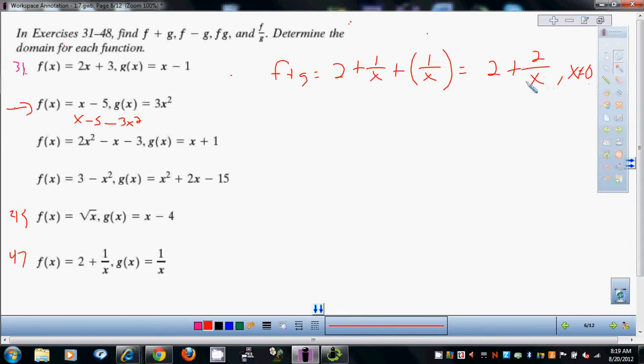Yeah, 0. That's the problem right there. F minus g. Same exact thing, except it's a minus sign this time. What is 1 over x minus 1 over x? Nothing. It goes away. So just 2. And there are no restrictions.